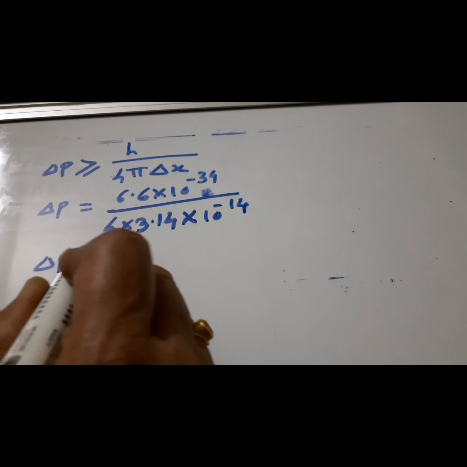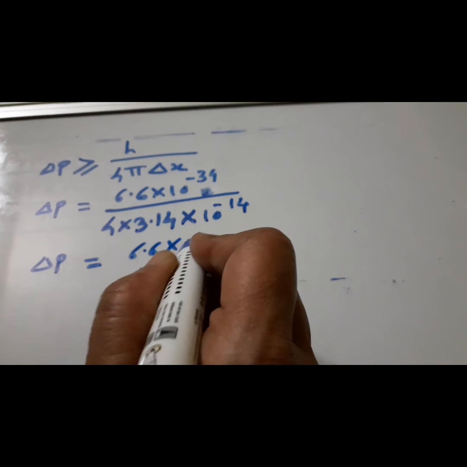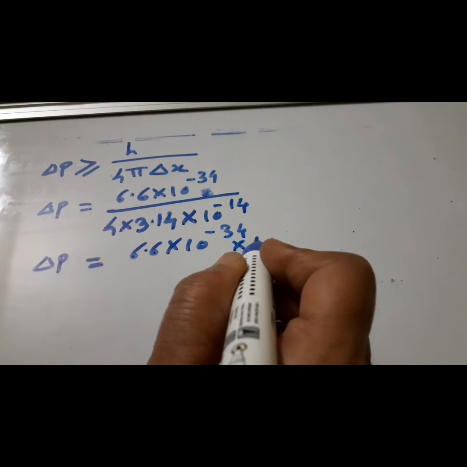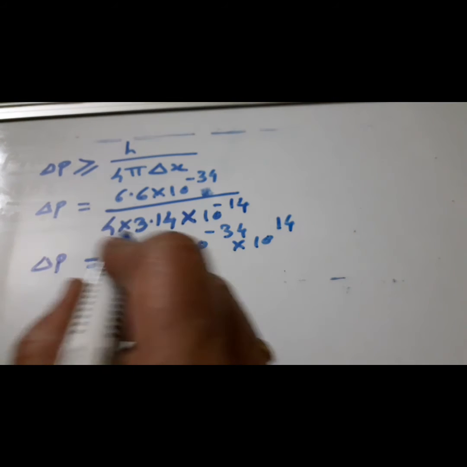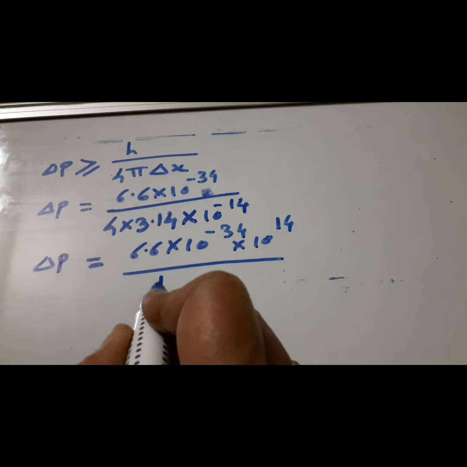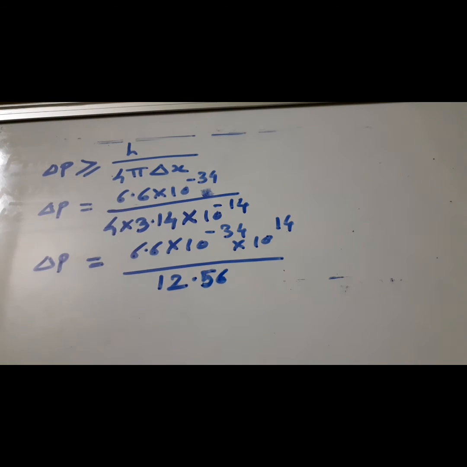Therefore delta p is equal to 6.6 into 10 to the power minus 34 into 10 to the power plus 14, divided by 12.56. 4 into 3.14 is 12.56.